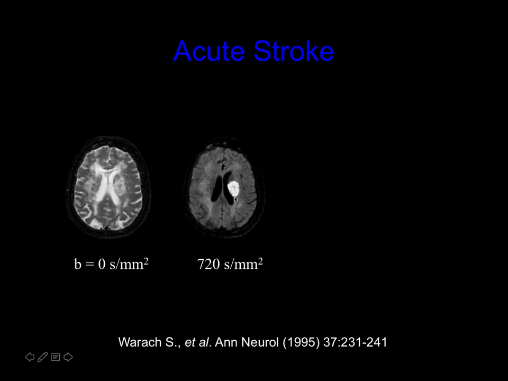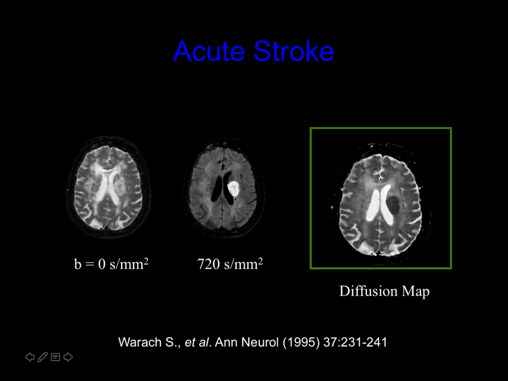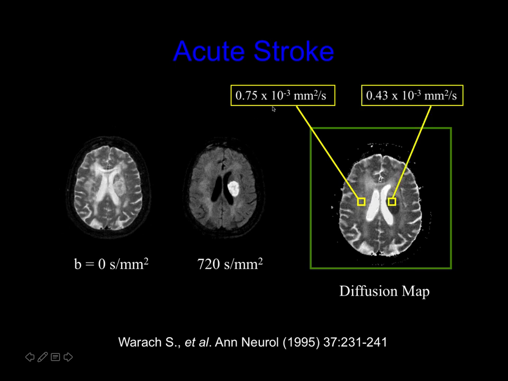And so you can see this area of stroke shows up very brightly. And then you can still calculate the diffusion coefficient. If we look at the tissue ADC on the contralateral side of the stroke, we get a value that's typical for brain, about 0.75 times 10 to the minus 3, where inside the area of stroke, the diffusion coefficient is reduced to 0.43.